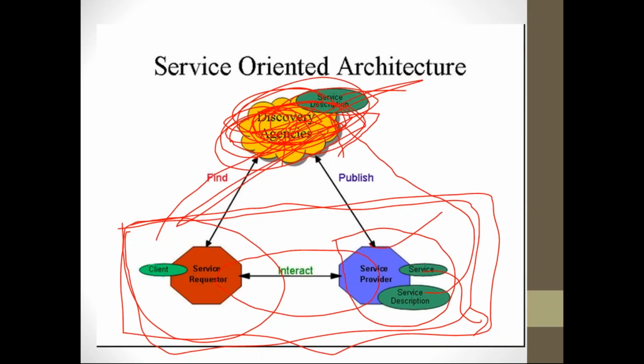He goes to a portal where Sumit had published an ad, and Rochak is in need of a dentist. He goes through that portal and tries to find a dentist nearby, and based on reviews, timings, and fees, he might decide whether he has to go for a checkup or not. So the service requester and service provider both leverage these discovery agencies.